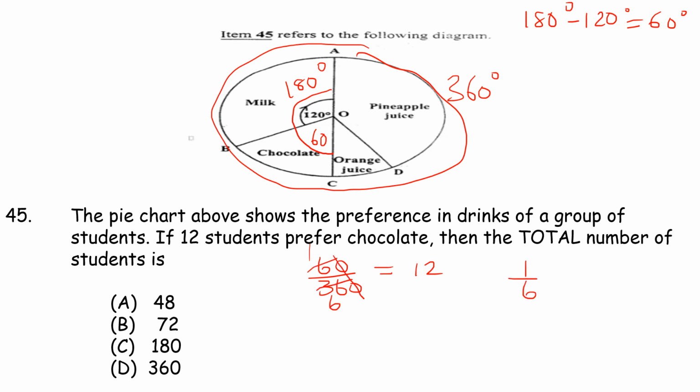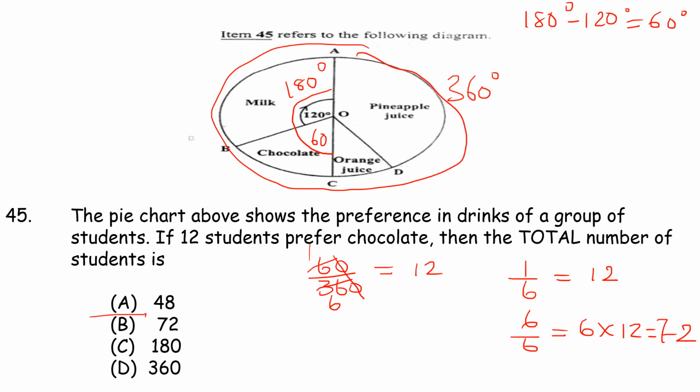So we're saying that 1/6 of the entire total number of students is equal to 12. You want to know the total. So if 1/6 is 12, we want 6 over 6. We would just multiply 6 by 12, which is 72.